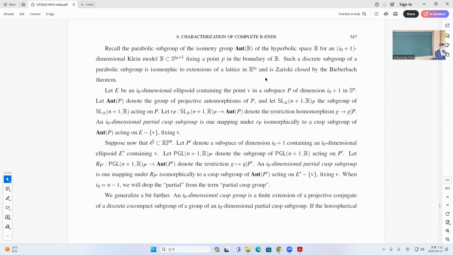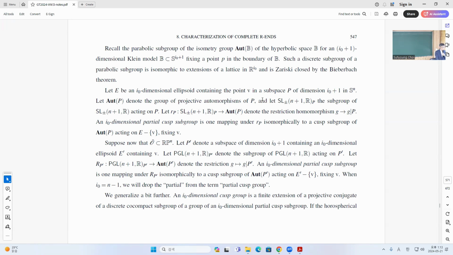Of course the terminology is conflicting with general Lie group theory, because you have to add a hyperbolic element to get the full parabolic group. But anyway, in hyperbolic space this cusp group is called the parabolic group. So we have this zero-dimensional ellipsoid containing b in the subspace of dimension i plus 0. This is in the boundary, and the ellipsoid is of codimension one. So there's some point in the subspace.